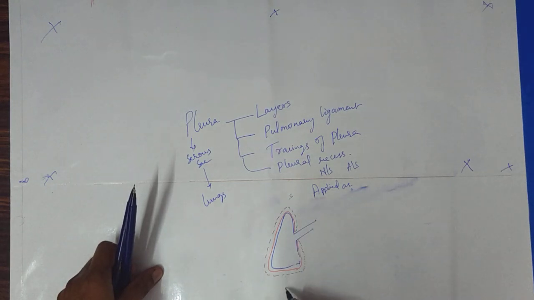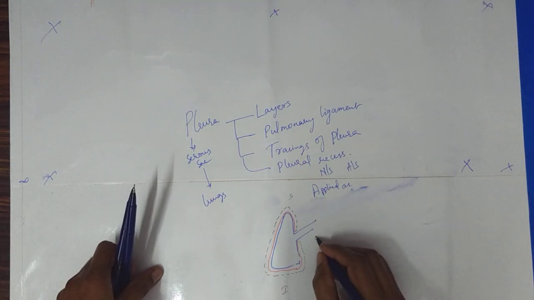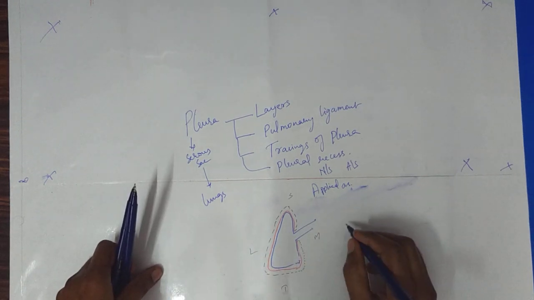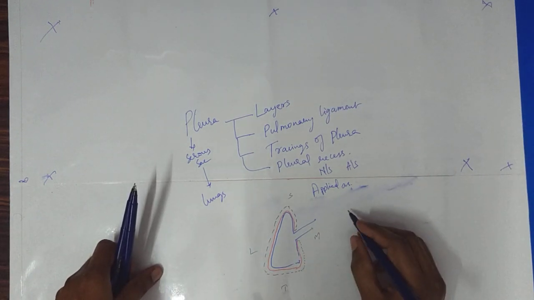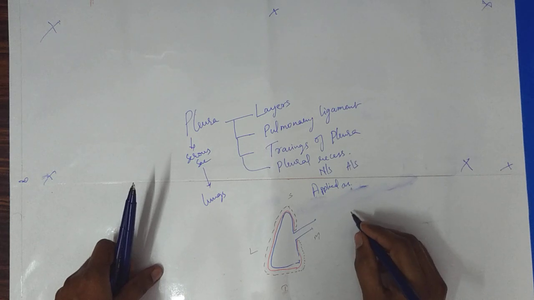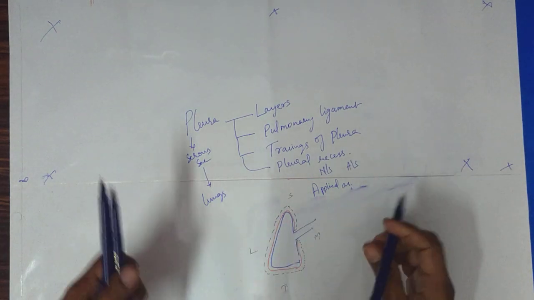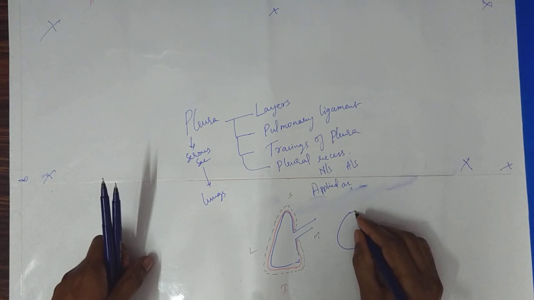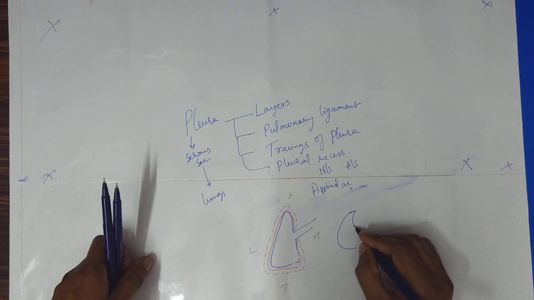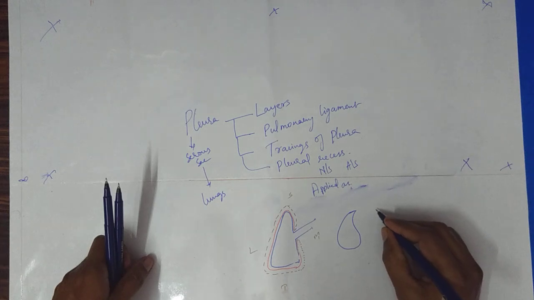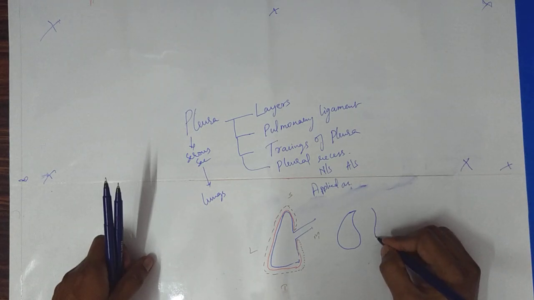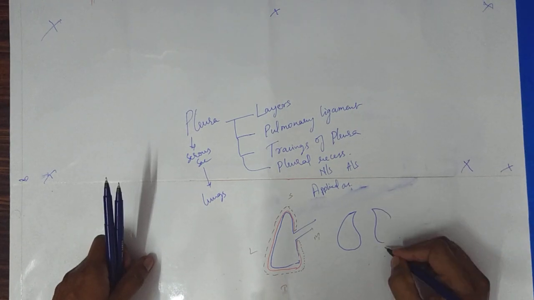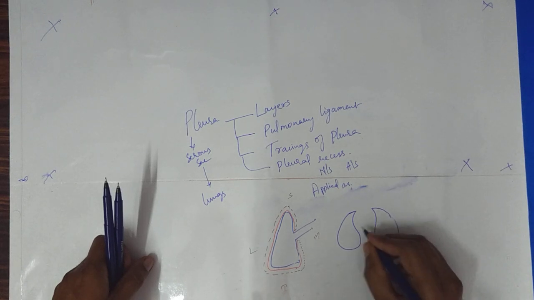So this is superior, inferior. This will be the medial, and this is lateral. If you see the same thing in a transverse section, how it appears. So this is your lung. In the lungs, the anterior border is sharp and the posterior border is broad. So this is one right lung, one more thing is the left lung. So this will be a mediastinum.